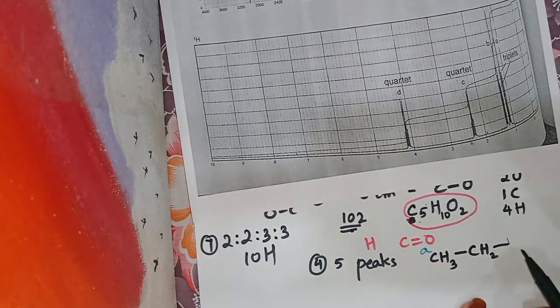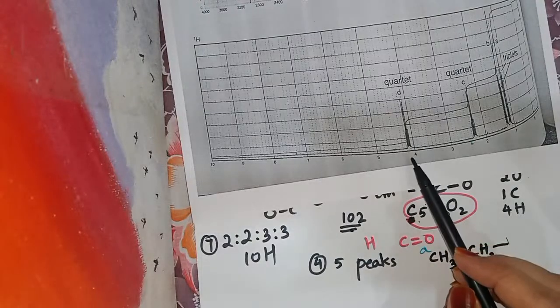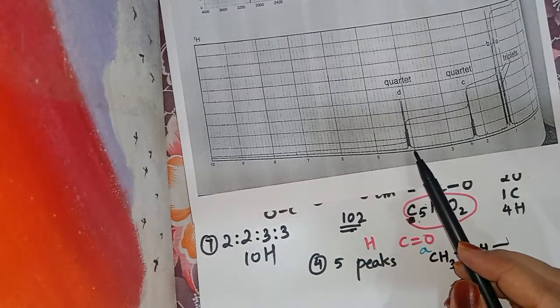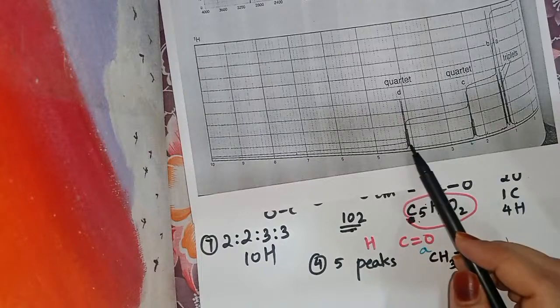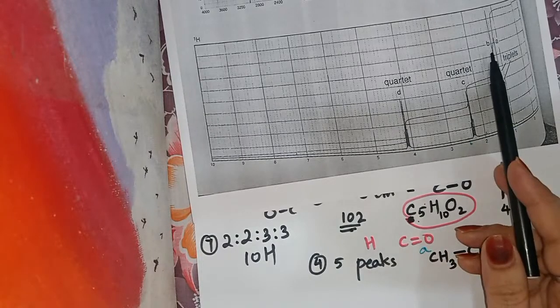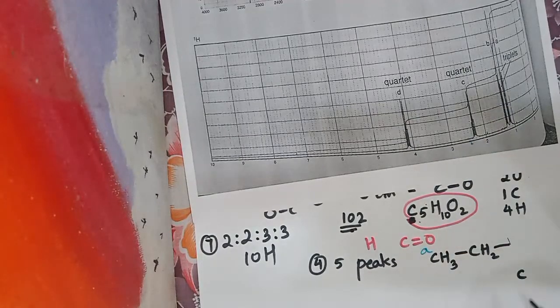So I'll leave this place. Maybe something else is coming over here. So I'll write down about D. For D, I am getting 4.1 ppm. It is formed due to the influence of carbon at B. So it will be attached to carbon at B. So this one is B and this one is D.